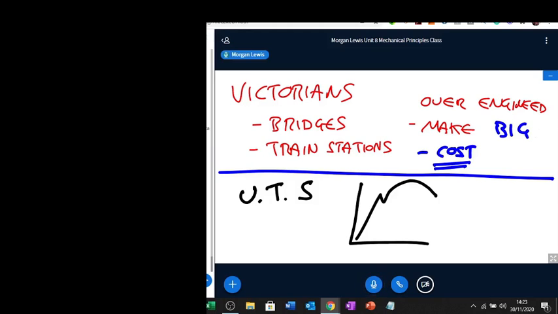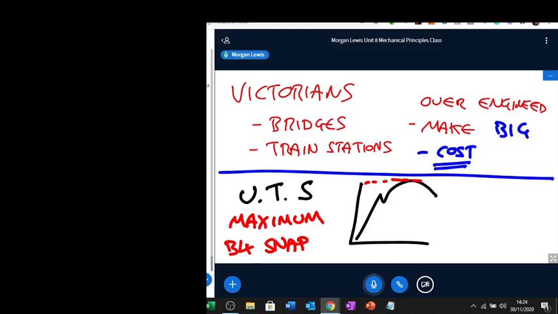So the ultimate tensile strength or the ultimate compressive strength, if you remember, it's the top of this graph, and that is the maximum it can take before snap. If you get to that point, it's going to break.